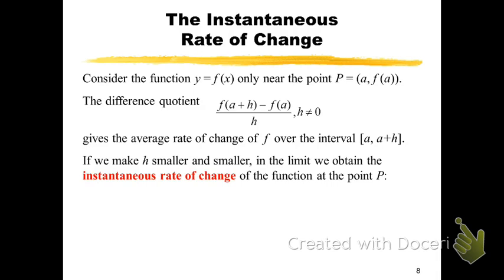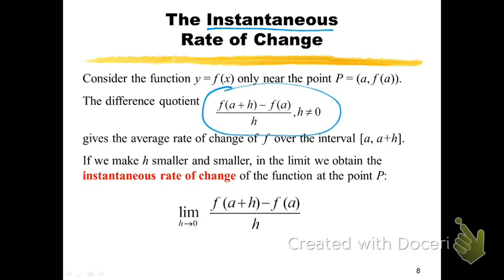What we last talked about is this new idea, what we call the instantaneous rate of change. So what do we mean by that? If I look at this difference quotient, we want to get closer to some point a. So that's the same a that's here.